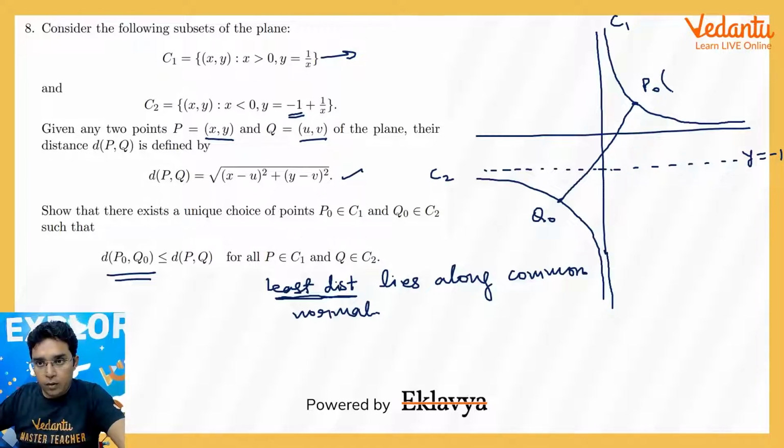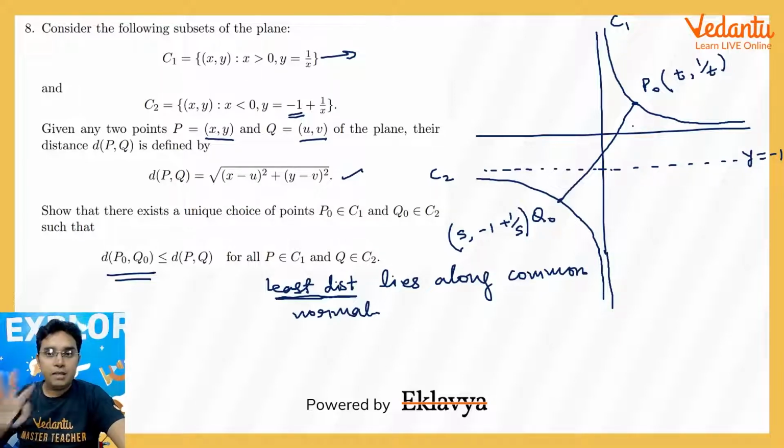To do that, let us take P naught as (t, 1 upon t) and Q naught as (s, minus 1 plus 1 upon s). Because P naught Q naught will be along the common normal, I will write the slope using 3 methods.